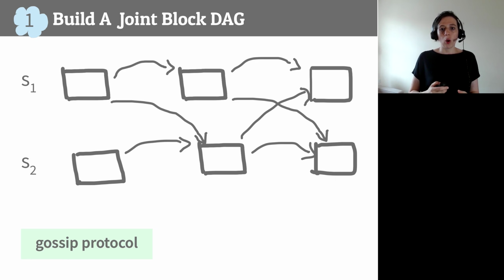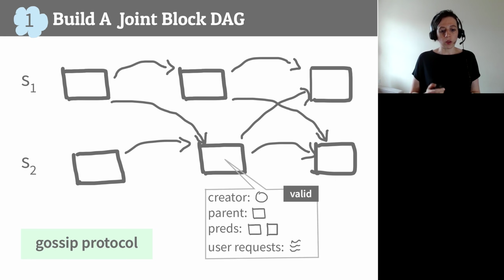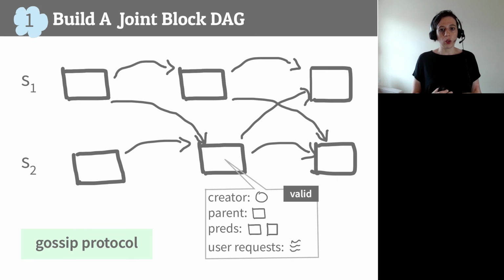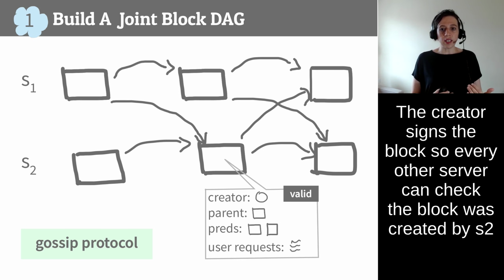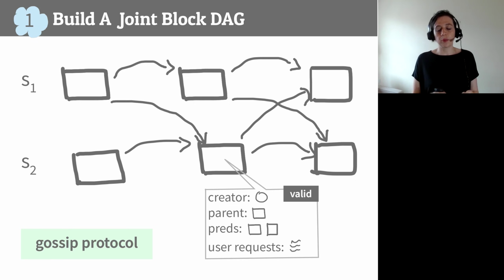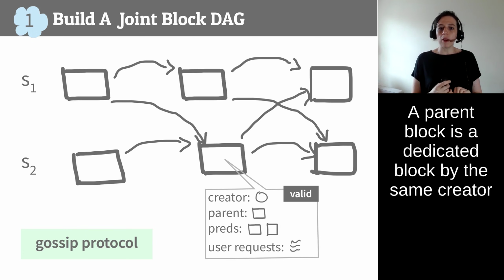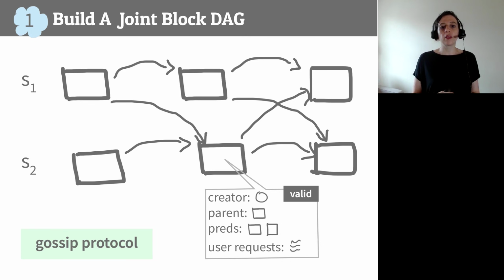So, what is inside such a block? First, the creator of the block. So here it is S2. The creator signs the block so every other server can check the block was indeed created by S2. Then there is the reference to one parent block. A parent block is a dedicated block by the same creator.